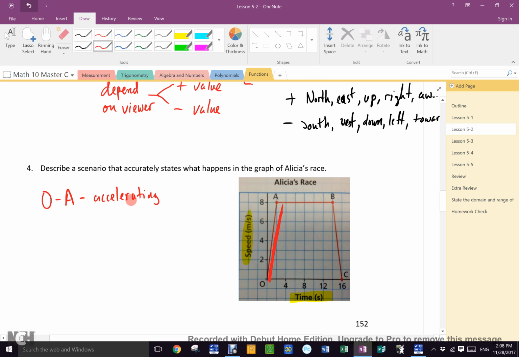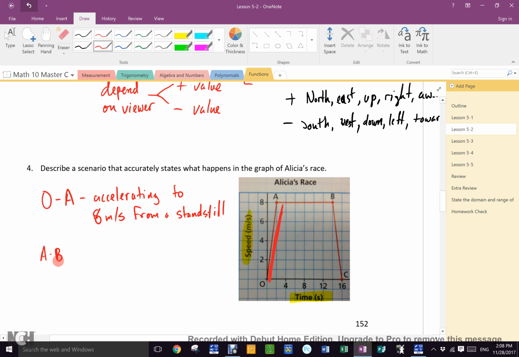Accelerating is a bad word. Physicists don't like it, but I use it because we're not in a physics class. Accelerating to what speed? 8 meters per second, from a standstill. Because she's standing at the starting line, waiting for the gun to go off. Then she takes off and gets up to her top speed as fast as possible.